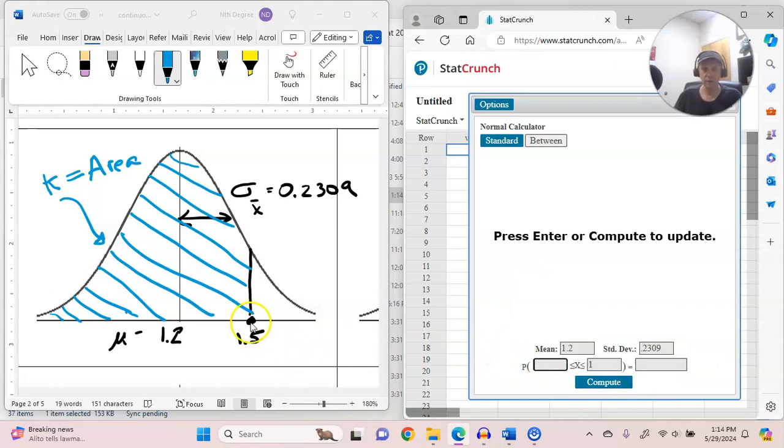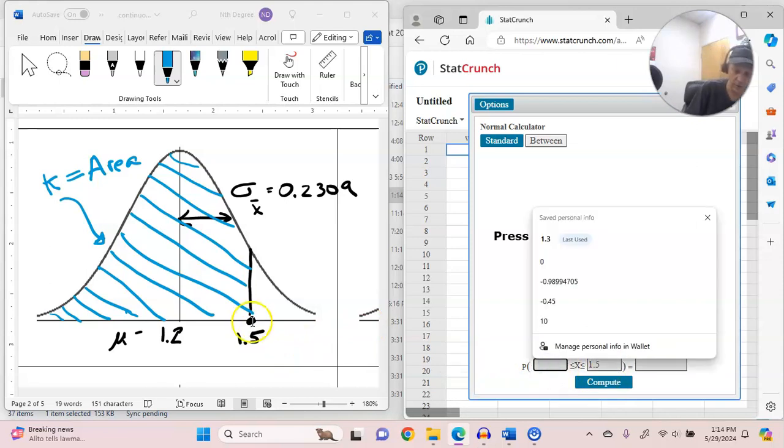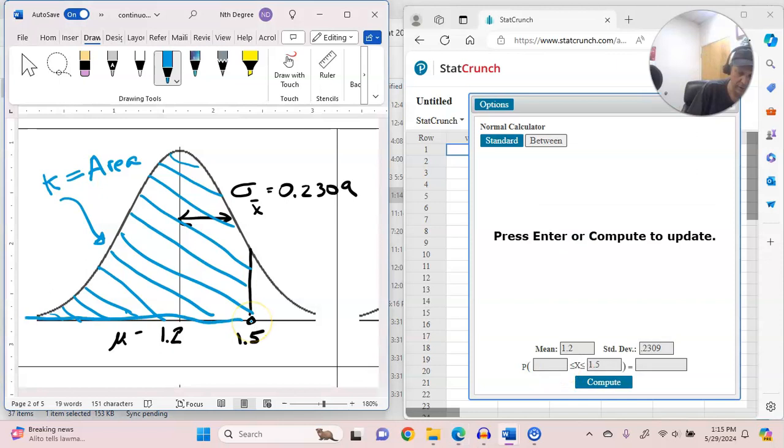This one clearly has a maximum of 1.5. And we've seen this case before where the minimum goes off to infinity. Remember, these graphs don't begin or end at 3, even though that's as far as we had drawn it before. Even though we're only able to draw a finite part of it, these normal curves theoretically go off to infinity. So for infinity, we're going to type in something like -99.